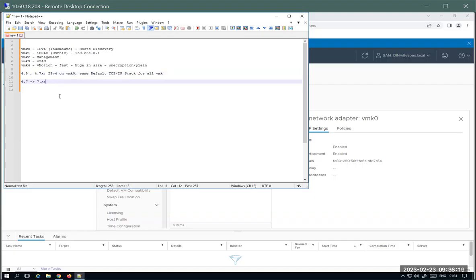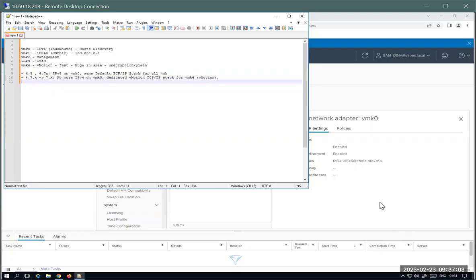I don't remember what exactly the version, 4.7 something, but here normal IPv4 on VMK0, and we have a dedicated vMotion TCP/IP stack for VMK4 in vMotion. So here is something different. Here is something you can learn from different versions.